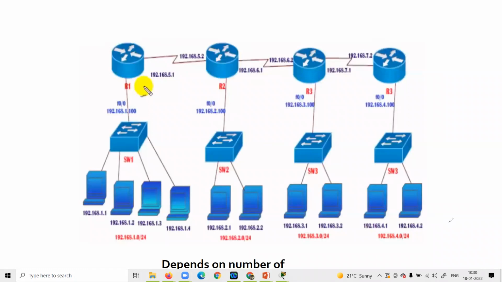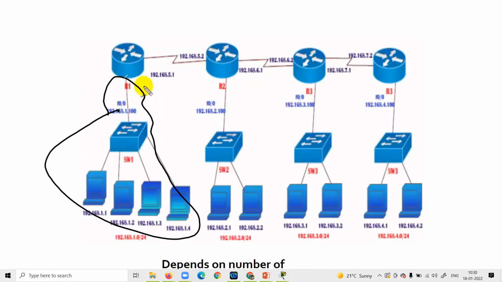So please remember, this is the LAN. Up to this, I am also covering this port. Please understand this port. The switch is connected over here with this port, and then it is connected to the router in this port. They are connected in this port. They are connected in this port.